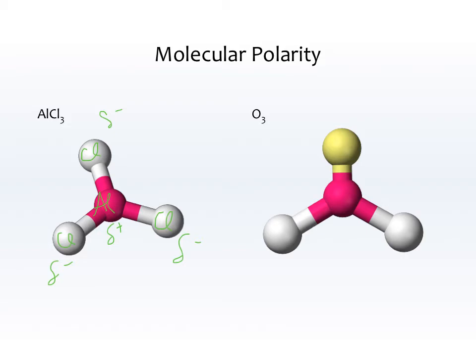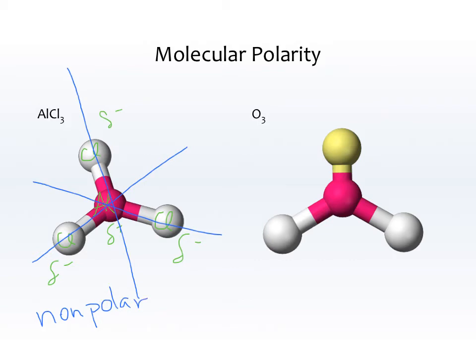So again, do you notice that there is a line of symmetry through this molecule? If I draw a line right there, I've got total mirror image on both sides, completely symmetrical. I can even draw a line right here, and there's a line of symmetry. There is no negative side on the right and positive side on the left. It's completely symmetrical. So this molecule is non-polar.